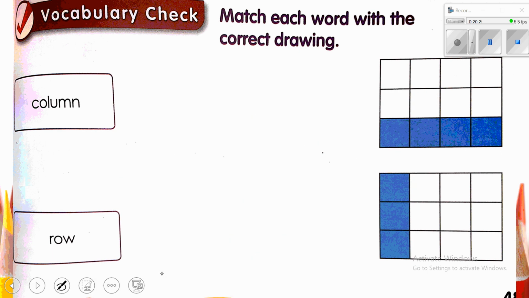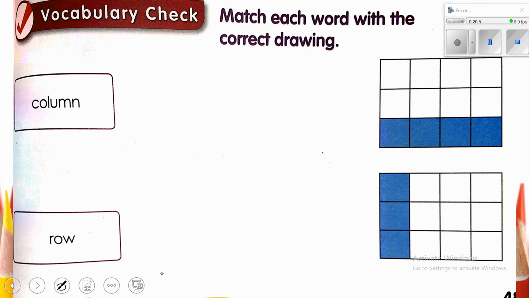Here you check your vocabulary. Column, up and down. Row, side to side. Yes, you can do it like you remember how we sing. Yes, check, check.